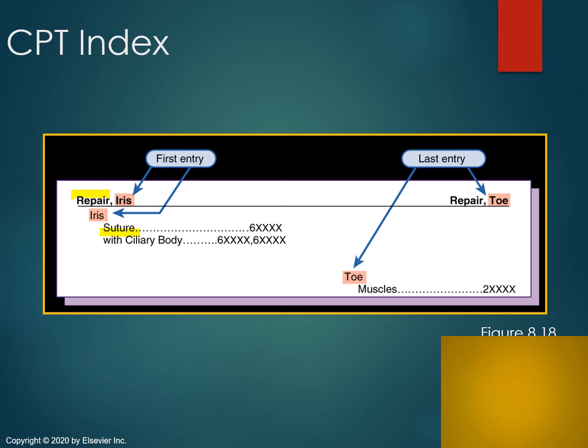let's say, something that starts after the letter T, so repair of a, let's say, help me think of something. I know you can't talk to me, but let me think of something, okay? Repair, let's say, of the shoulder joint.